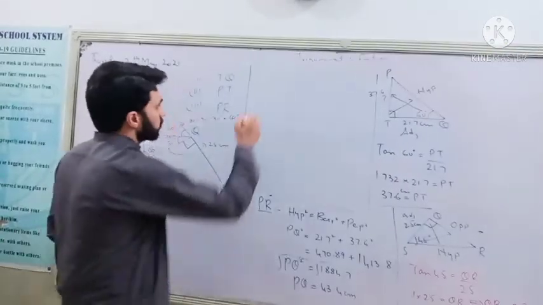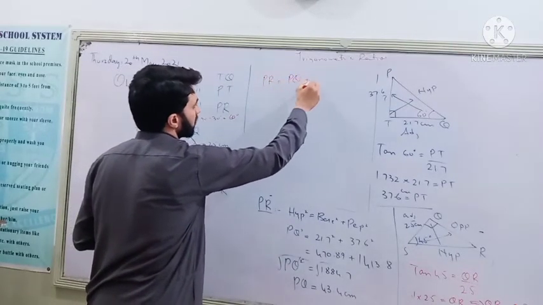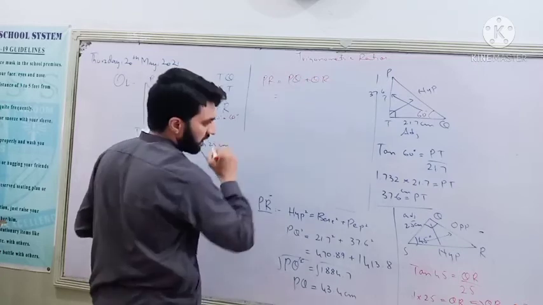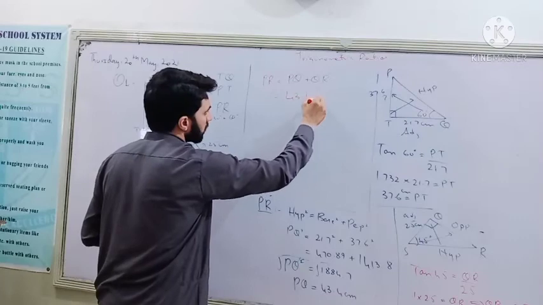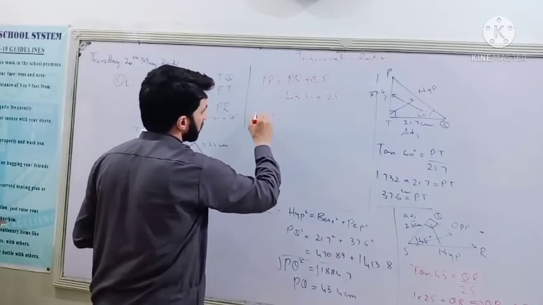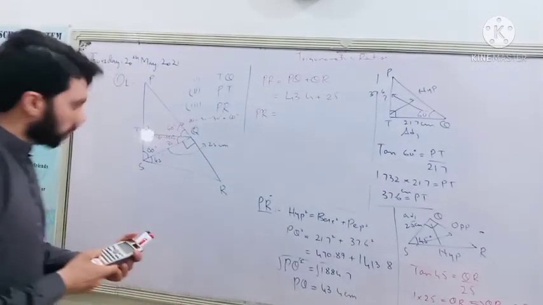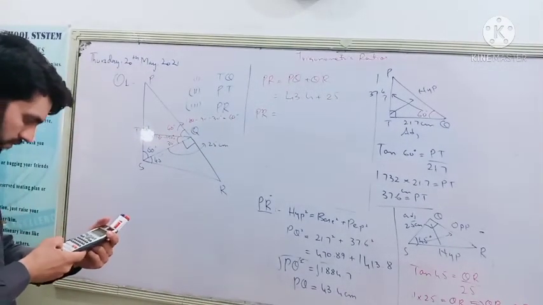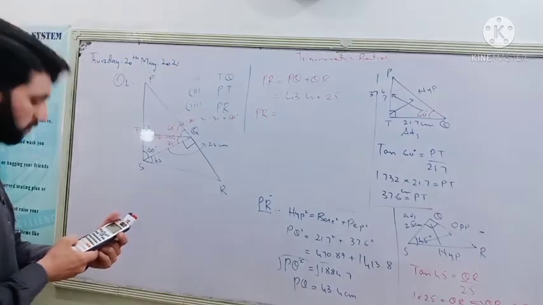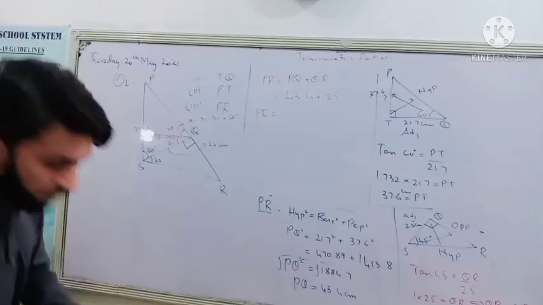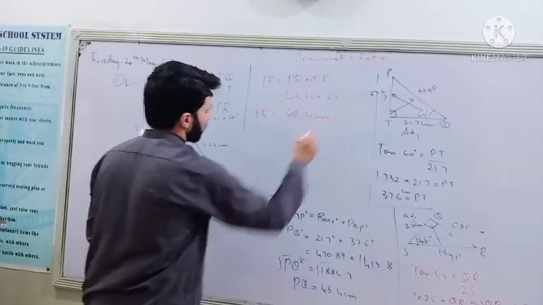Now PR is equal to PQ plus QR. PQ is 43.4 plus 25, that is 68.4. So 68.4 is PR.